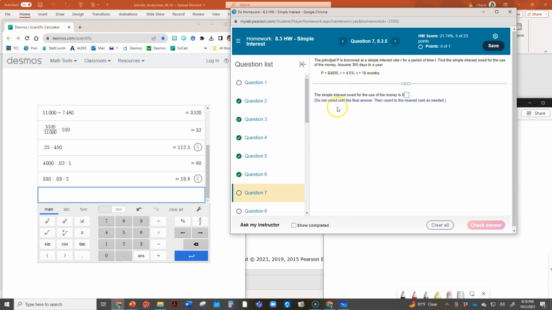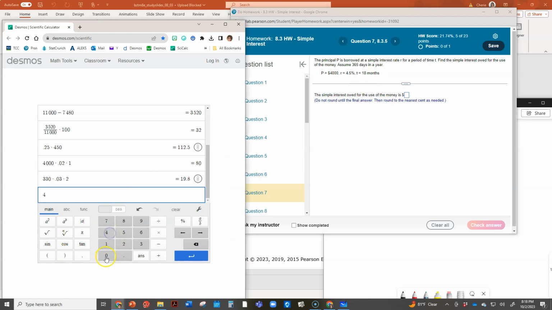So we're going to do 4,000 times 0.045. Remember, if you don't know how to move the decimal, then write 4.5 divided by 100. That's how you change a percent to a decimal. You divide 4.5 by 100, and that's going to move your decimal 2 places.